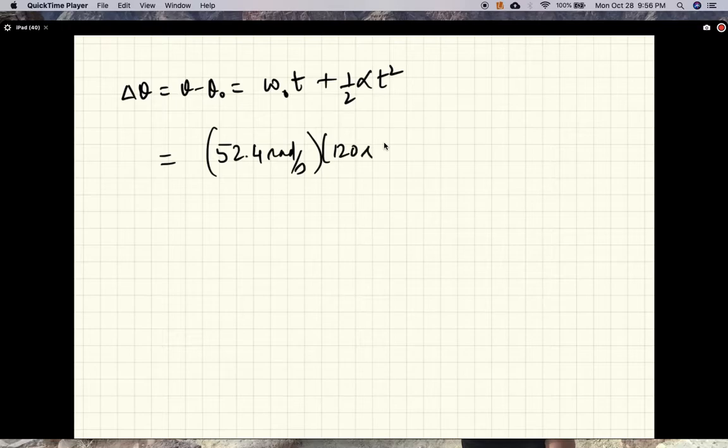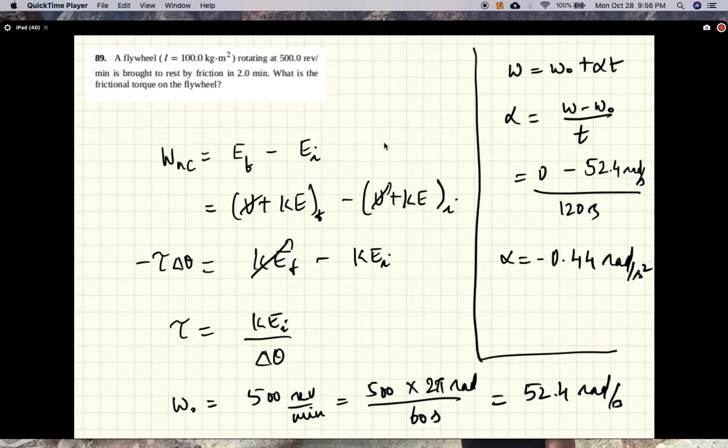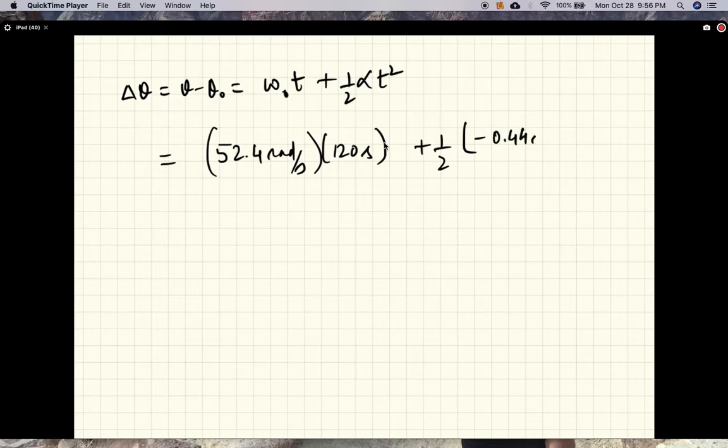And the stopping time was 120 seconds, 2 minutes, plus 1/2 alpha, which is negative 0.44 radians per second squared, times 120 seconds squared. Okay, that's 3120 radians.